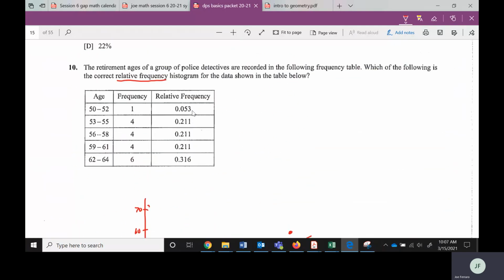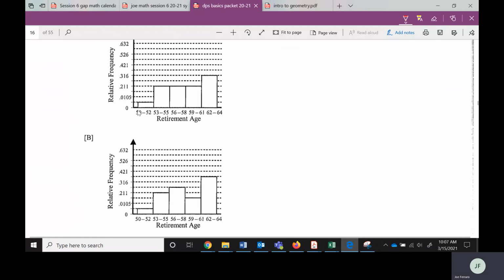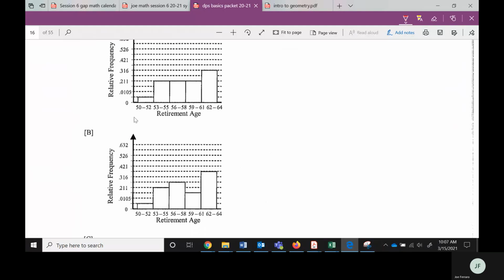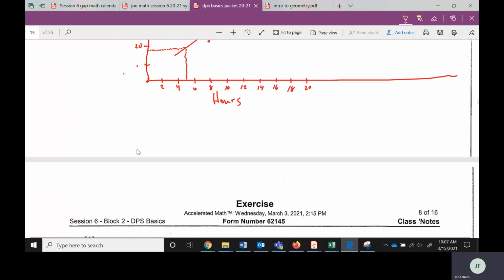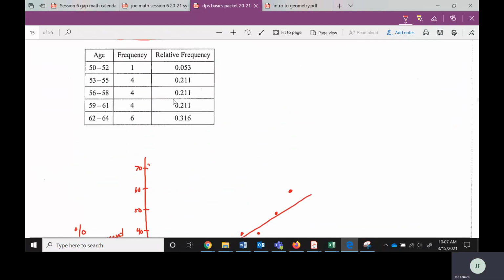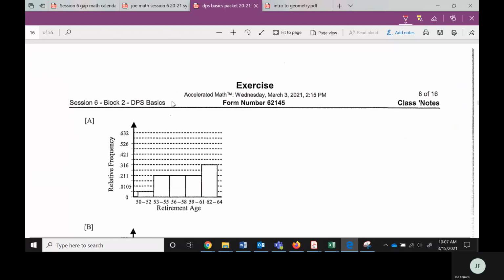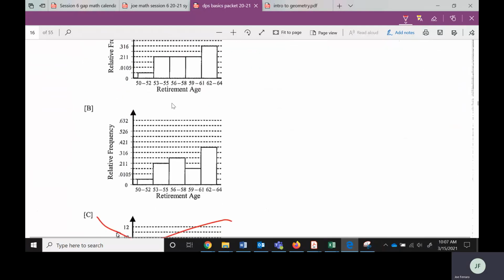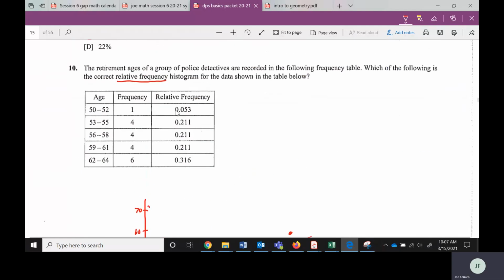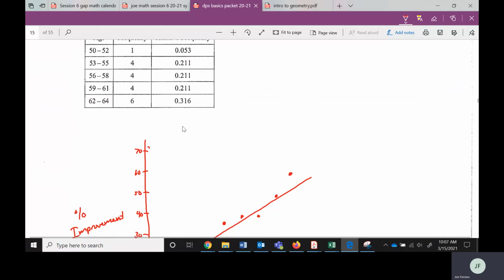50 to 52 should be at a 0.053. Okay, well, 50 to 52, this looks like that would be a little, if that's 0.01, 0.01, and this is supposed to be 0.053. If we take a look here, they don't seem to match up with what we're seeing here. So let's take a look here.